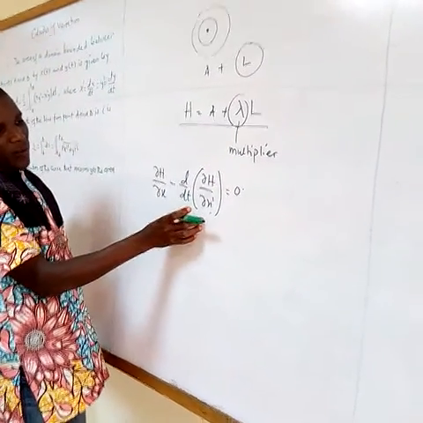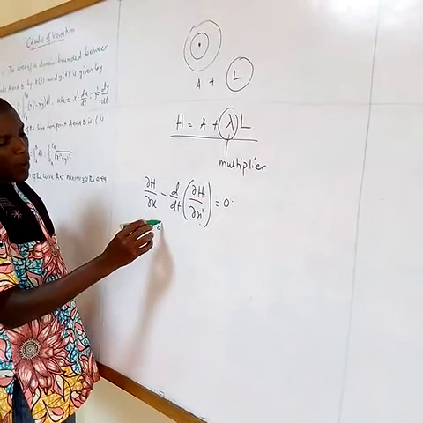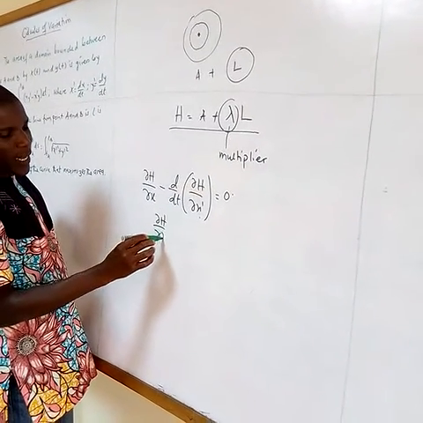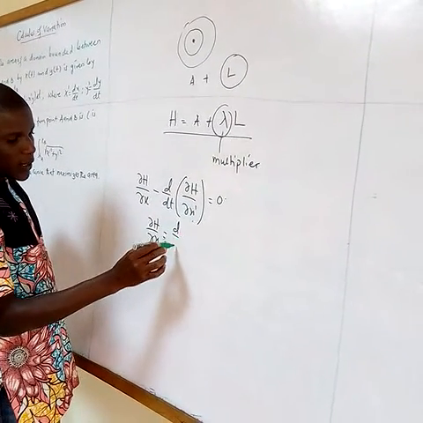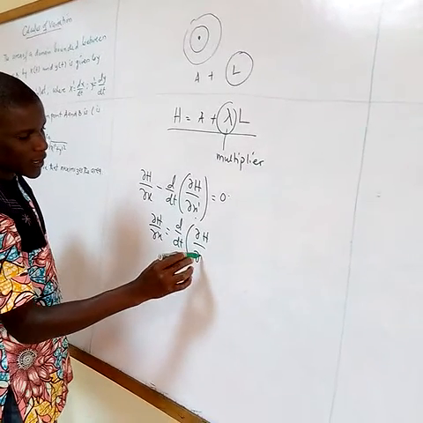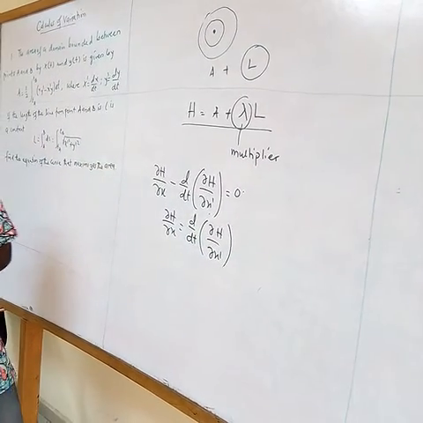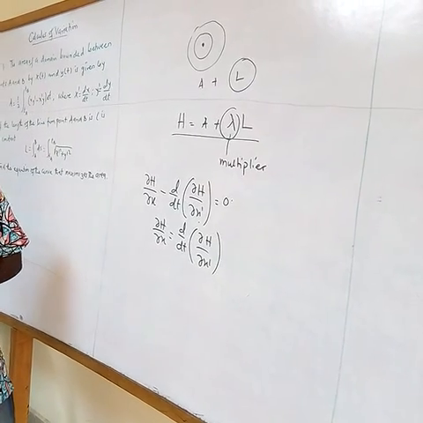From this equation, by taking this one to the other side, partial h, partial x is equal to d dt into partial h, partial x prime. Once you are able to solve this, then the problem is solved.